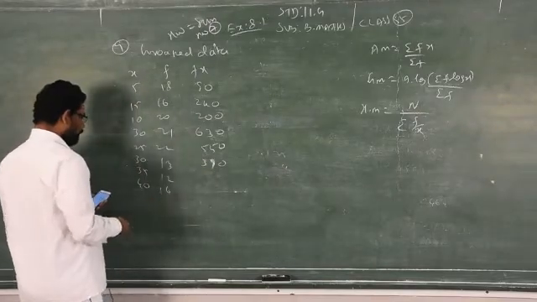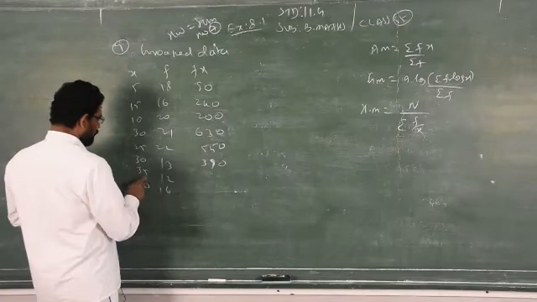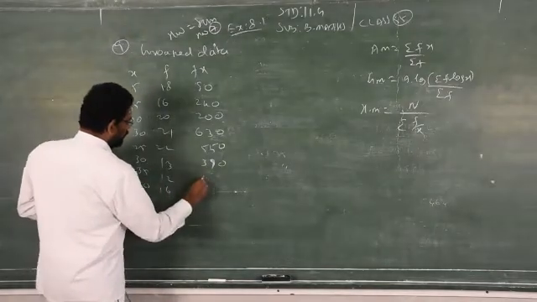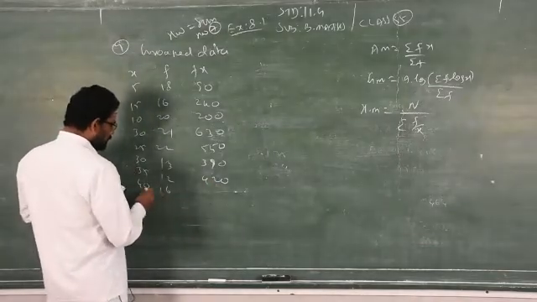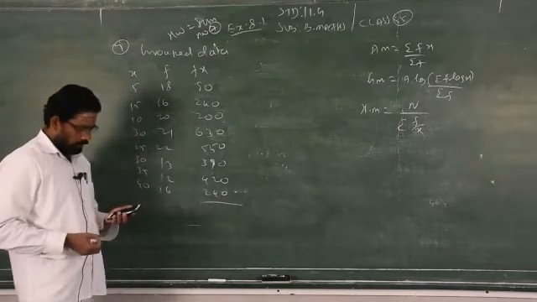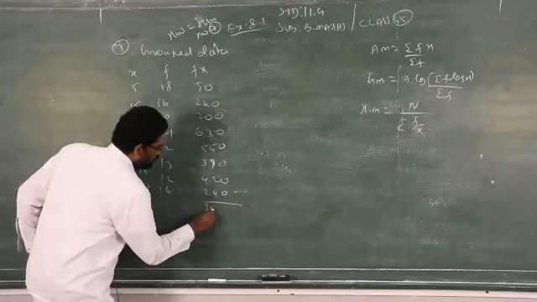Then 35 into 12, that is 420. Then 40 into 16, that is 640. Just total it, and you will get the answer 3030.